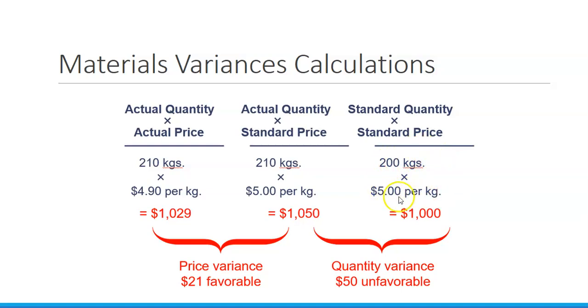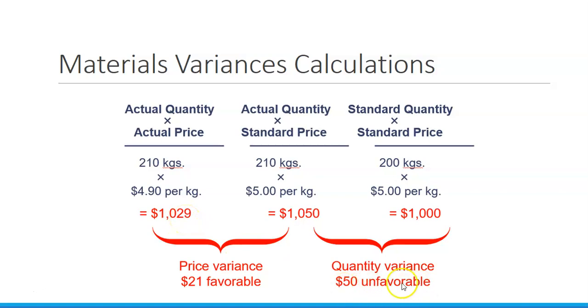And our standard price is $5 per kilogram. So our standard quantity at standard price is 1,000. Our actual quantity ended up being 210 kilograms, and at our standard price of $5 that is 1,050. And then our actual quantity times actual price was 1,029.